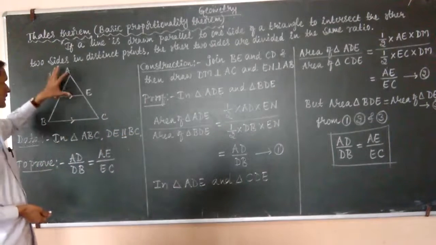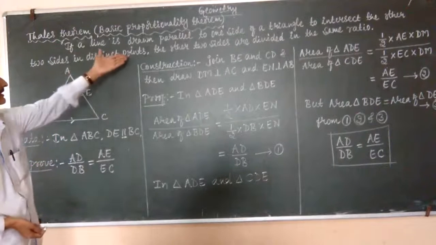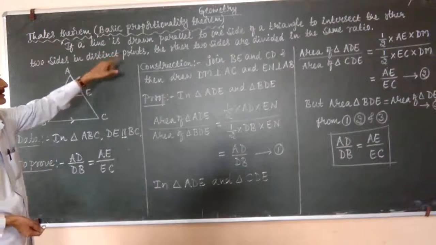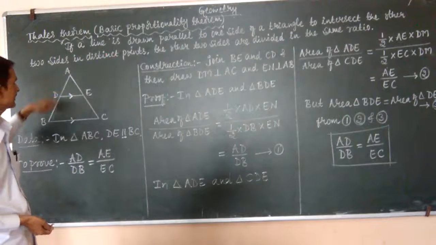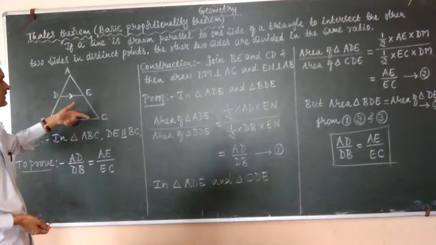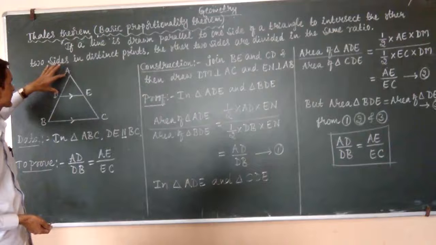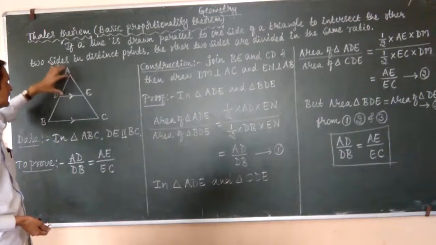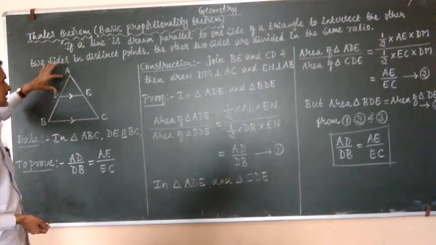Then, students, the next step is to prove. By seeing this statement, this line segment intersects the other two sides. The points D and E divide these line segments in the same ratio.